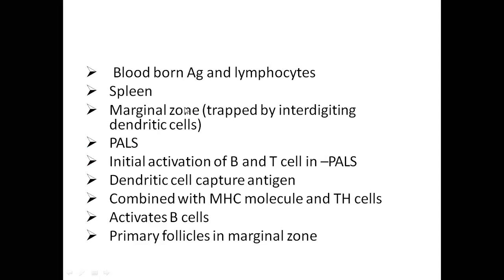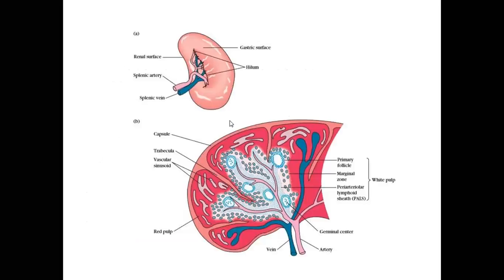In the marginal zone, they are trapped by interdigitating dendritic cells. Now see here, this marginal zone, which is present in this area: the antigens get trapped because there are dendritic cells present over here, and they trap the antigen which enters.